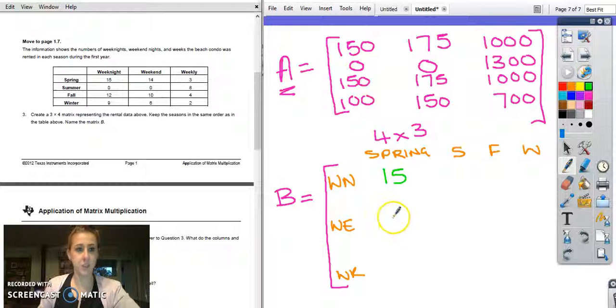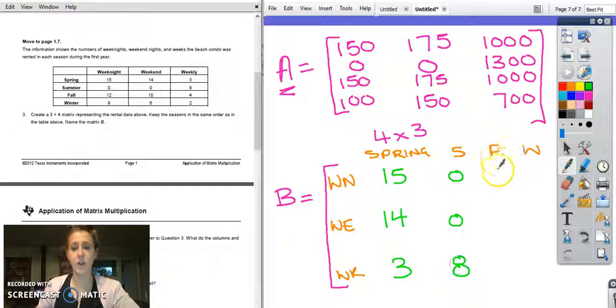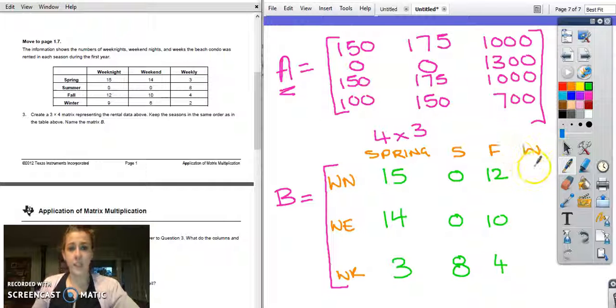Weekend in spring was 14 and 3 for a weekly. 0, 0 and 8, because of course in summer you can only make a weekly booking. 4, 12 for a weeknight, 10 on a weekend, and 4 for a weekly. And last but not least, winter, we've got 9, 6 and 2. And close that up.